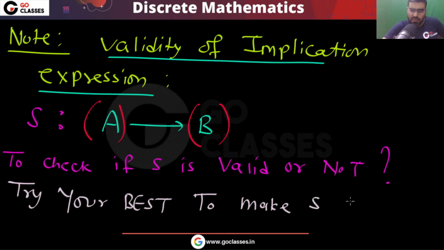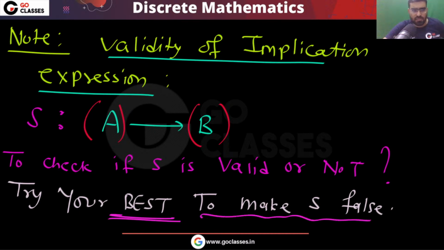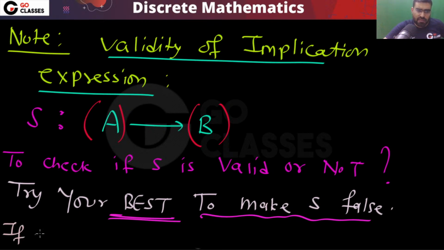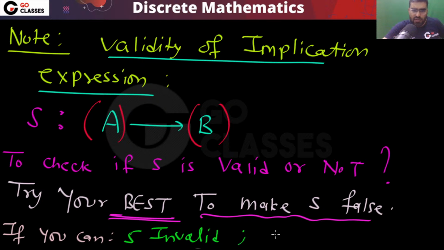Remember, you need to try your best to make S false. If you can, then it will be invalid. In this situation, I can say if you can make it false, then S will be invalid.